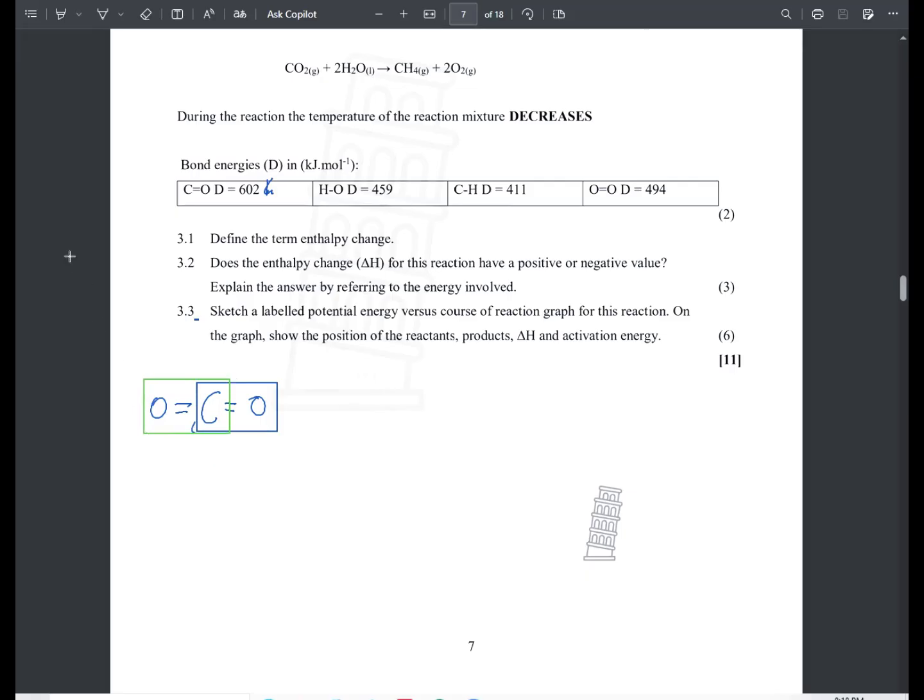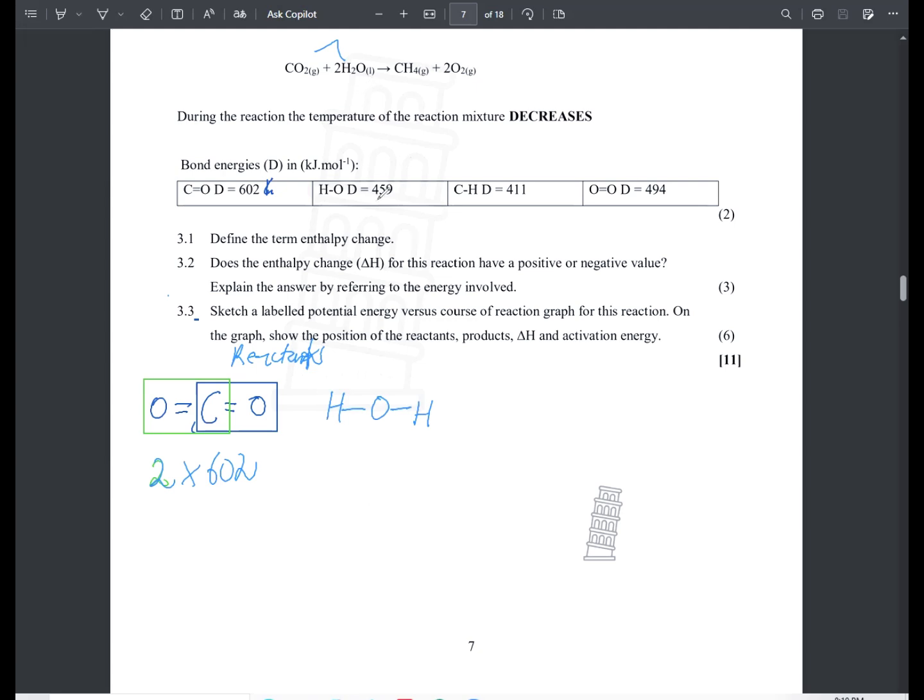So we have two double bonds of the carbon to oxygen. Then this would be indicated by 2 multiplied by 602. So let's indicate that all of these are reactants, and these are the product. Then we go to this one. This is 2H2O, right? But here we can see that we have our OH, and then OH like that.